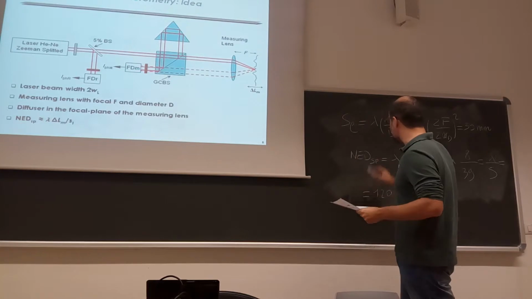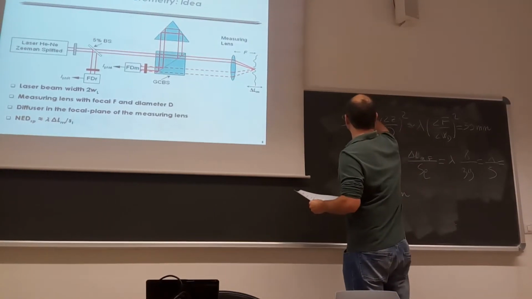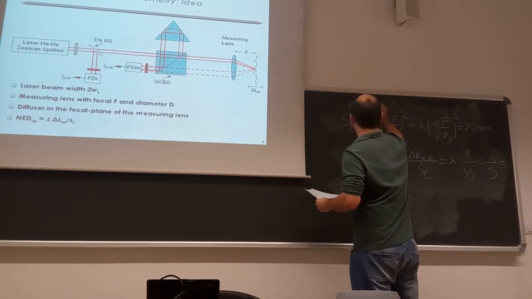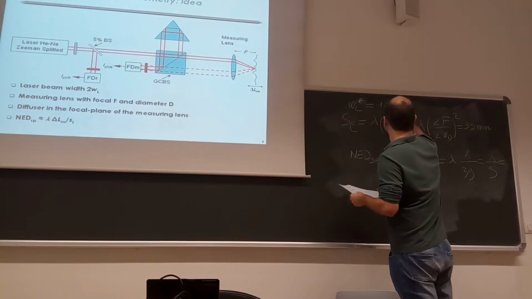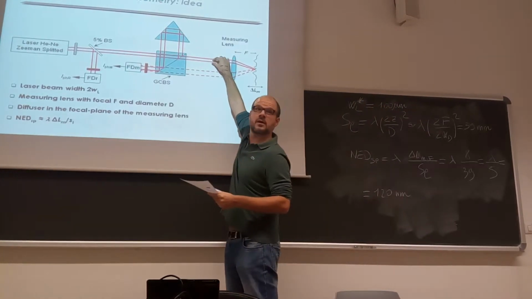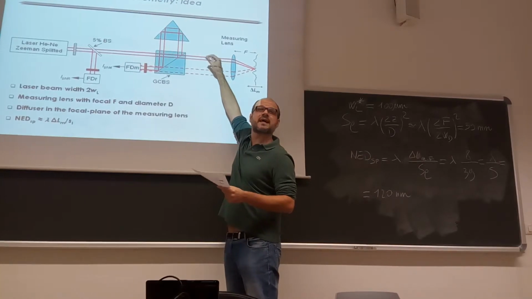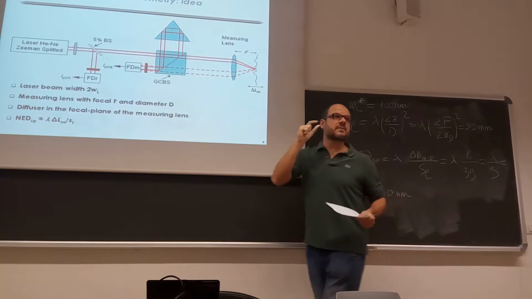So let's suppose that now we use a WL star that is equal to 100 micron. So we double the dimension of the beam. If we double the dimension of the beam, in your opinion, what happens to the dimension of the spot?